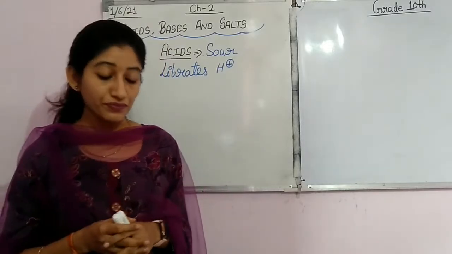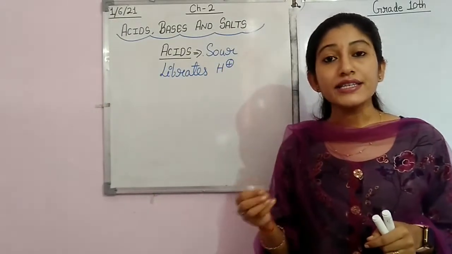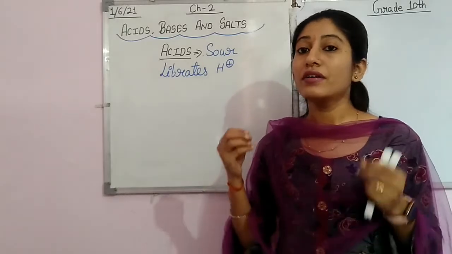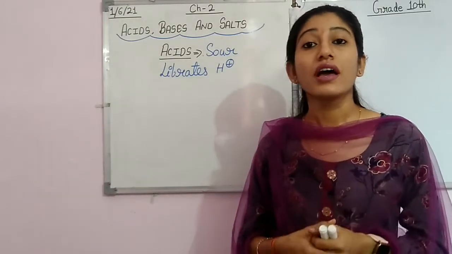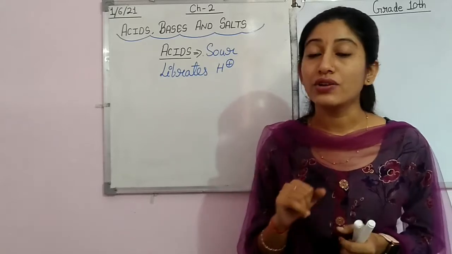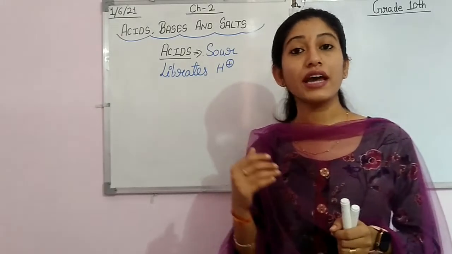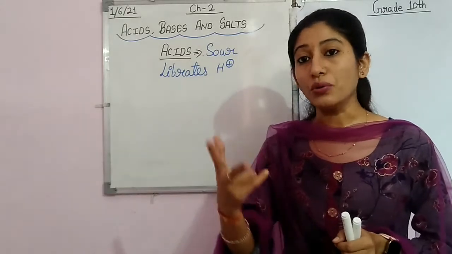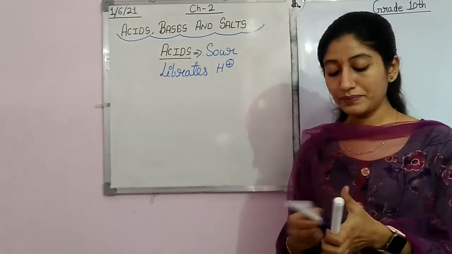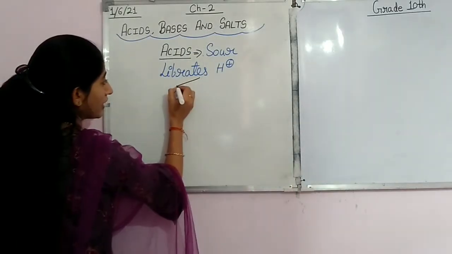Now student, when we talk about the acids, most acids we get from the nature only. So many acids are natural acids. Now the acids that we get from nature can be categorized into two categories. The acids can be of two types.